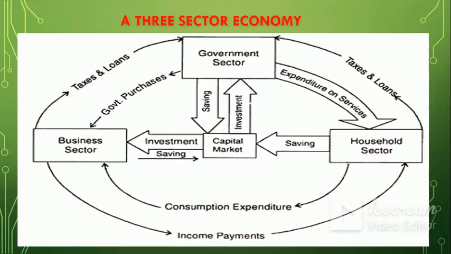So, as you look at the circular flow between the household sector and the government sector, taxes in the form of personal income tax and commodity tax paid by the household are outflows. These outflows are sometimes called leakage from the circular flow.